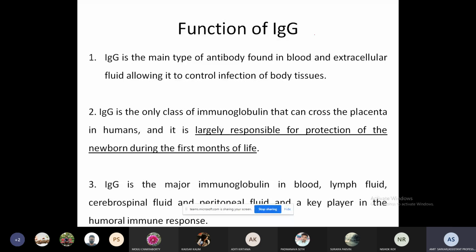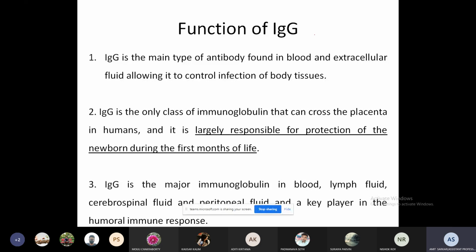Maybe you know that newborn babies cannot produce antibodies on their own for a few months, 1 to 3 months more or less. That's why they become very susceptible to different types of microbial, contagious or infectious diseases.